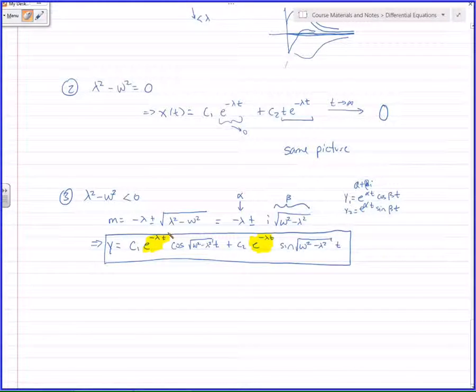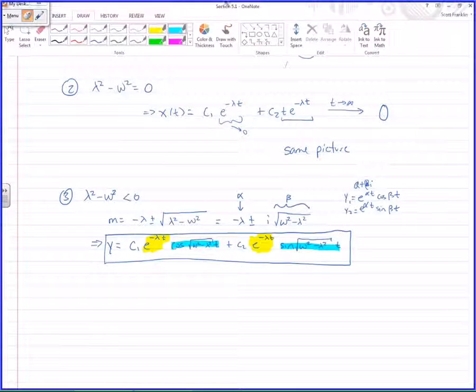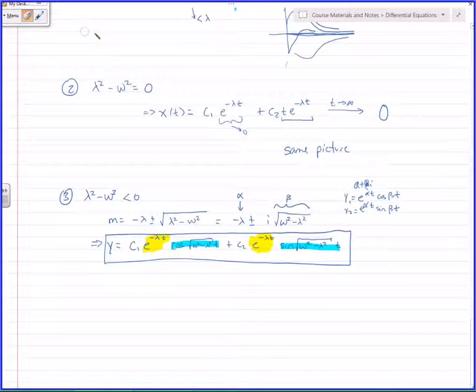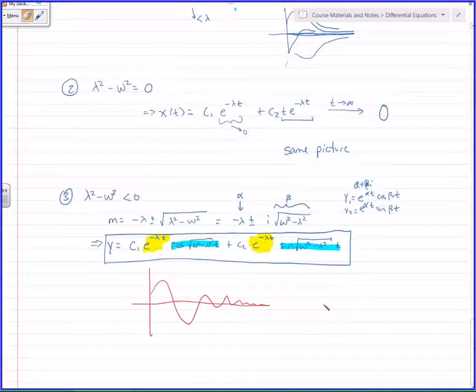Whereas the sine and cosine down here force you to bounce back and forth along the way, but eventually you're still going to 0. And the magnitude of your lambda determines how fast you do that. So what you're looking at starts off and then oscillates back down to 0. So that's an underdamped picture.